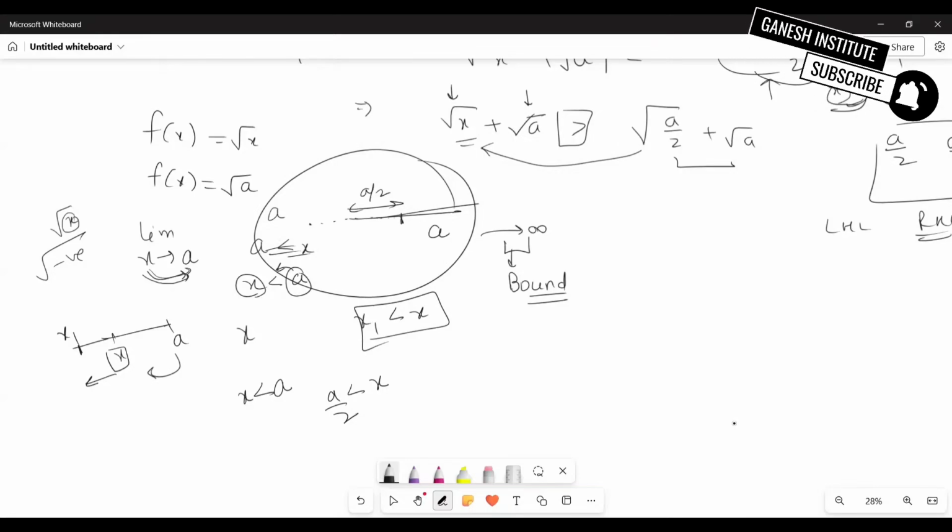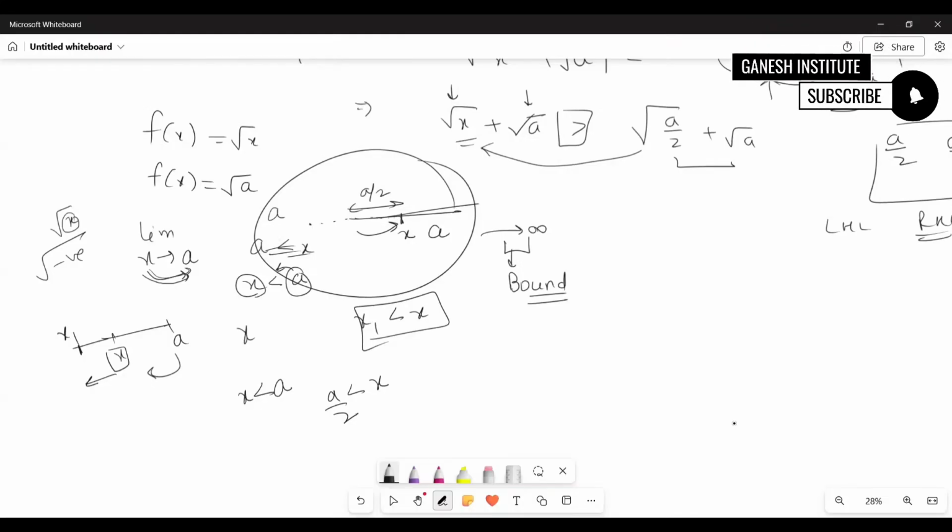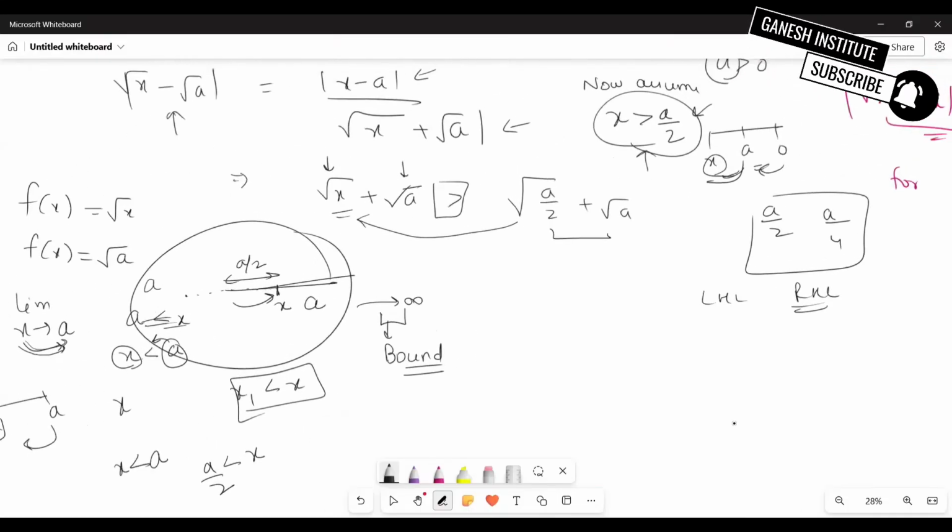To show the proximity, I've assumed that x is here and it has passed more than half of the path. It is that closer to a. I'm making it closer to a. So the value which is nearby a, you have to assume that x is greater than that. Then only you will be able to show that x and a are almost similar and root x is root a now.